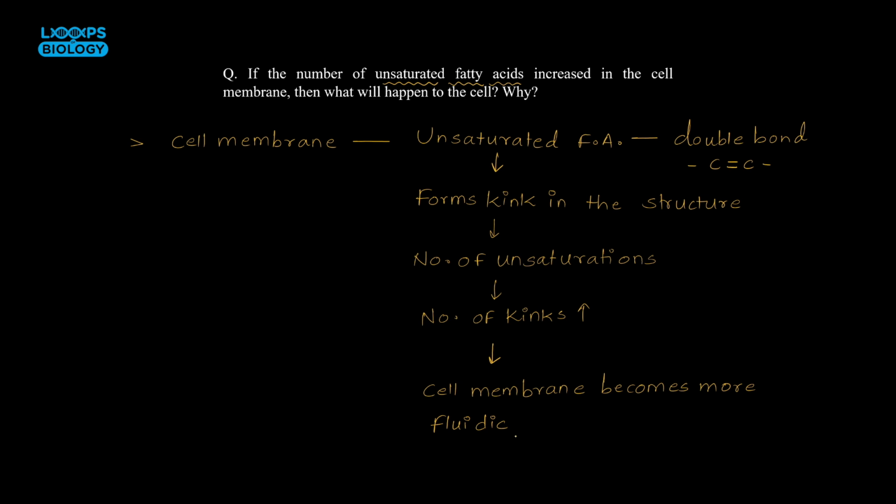As the fluidic cell membrane is going to be there, it cannot maintain the shape of the cell. As the fluidic membrane is forming, first of all, it cannot maintain the shape of the cell. Now what will be the other problem?